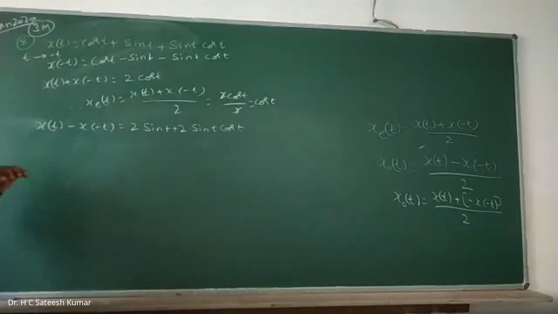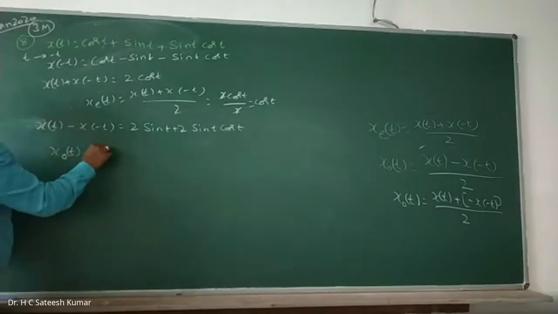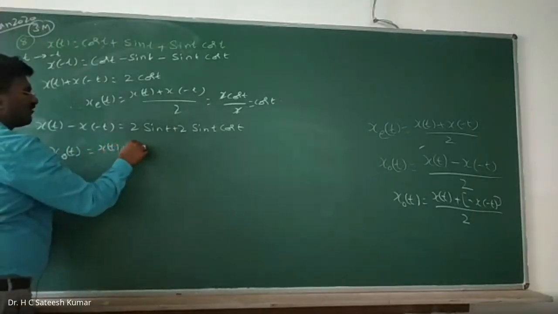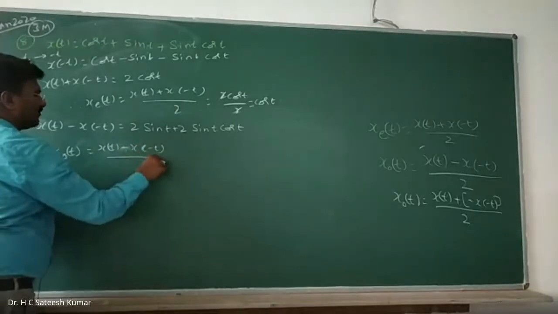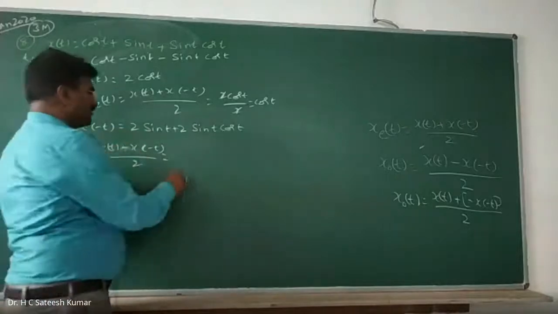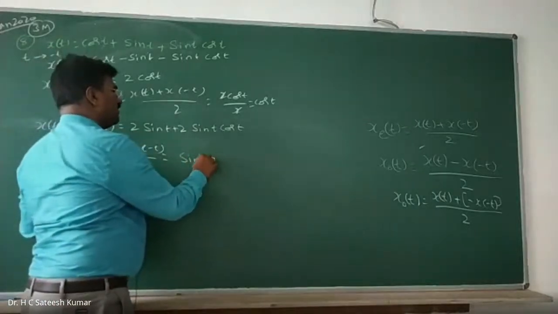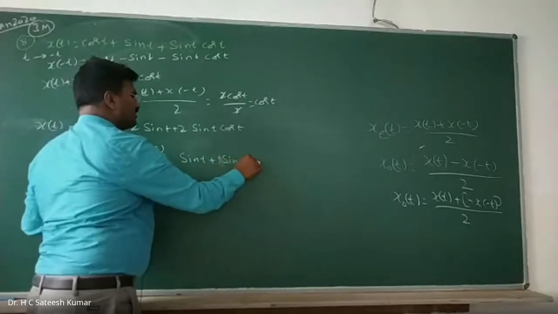So xo of t is equal to x of t minus x of minus t divided by 2, which is nothing but, the 2 gets cancelled, what is left out? Sin t plus sin t cos t.